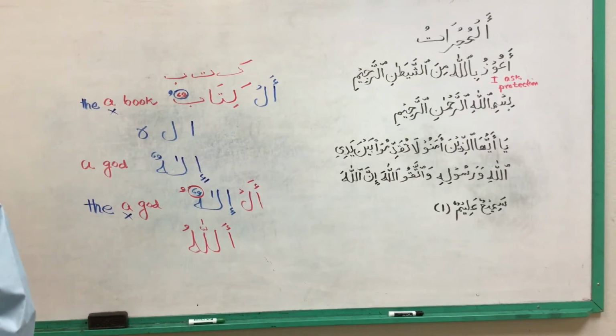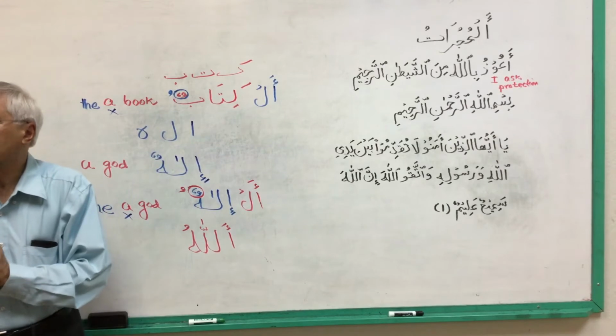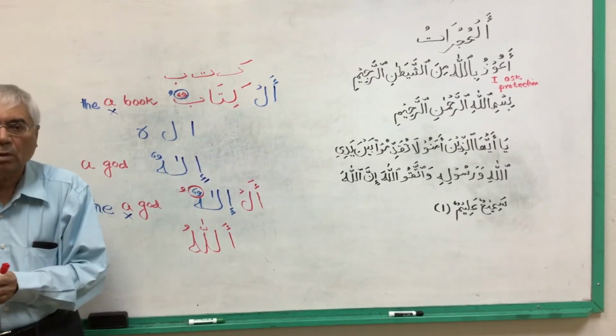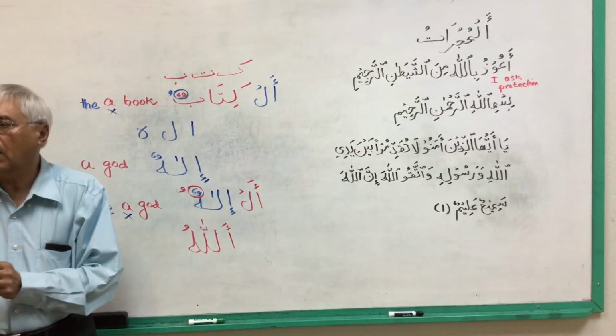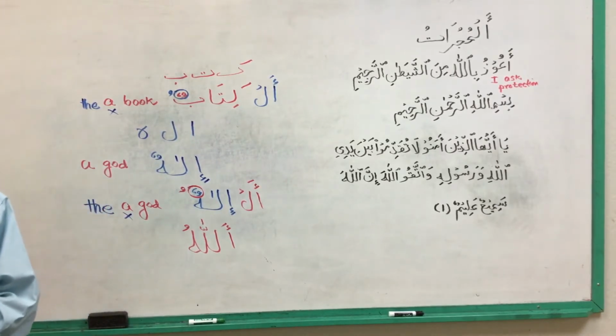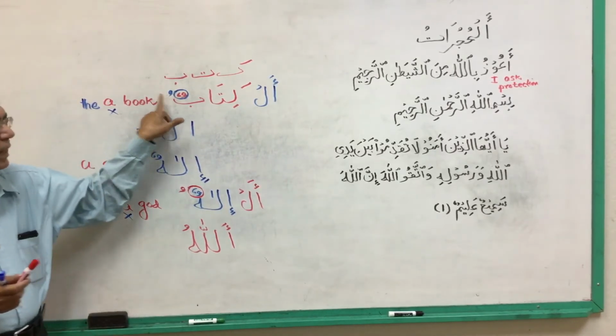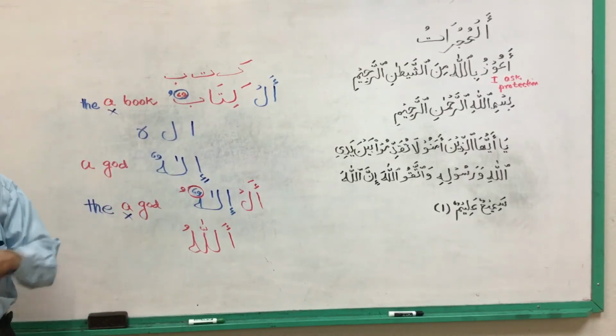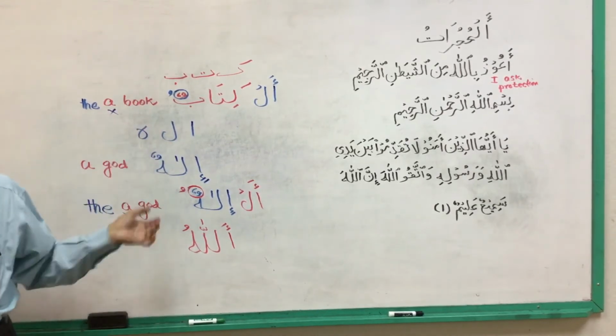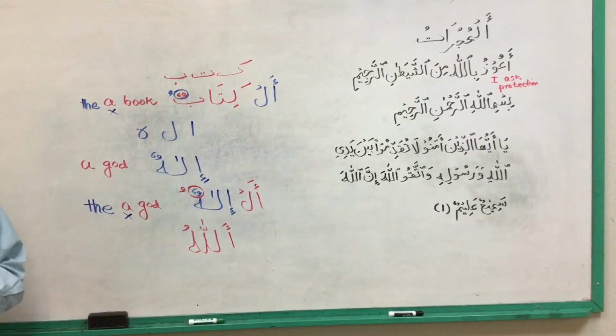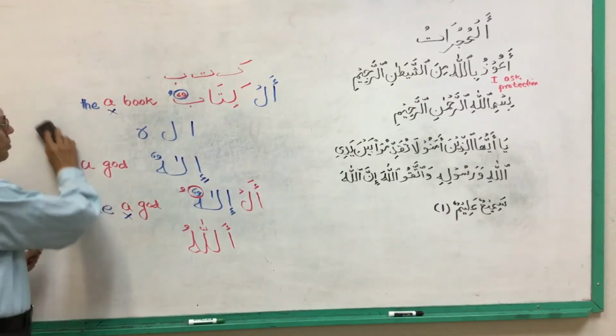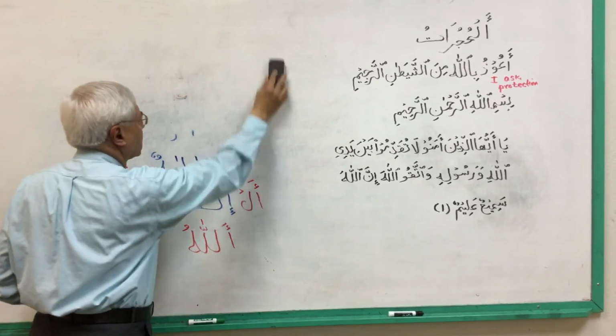So the word is kitabun. Kitab is no word. Kitabun. And if it's a definite book, it is al-kitabu. Okay, with one dhamma here. So that is the very standard rule. We'll be using these rules a lot as we proceed further. Okay, so just keep these basic rules in mind. Okay, then let's go to the next thing.